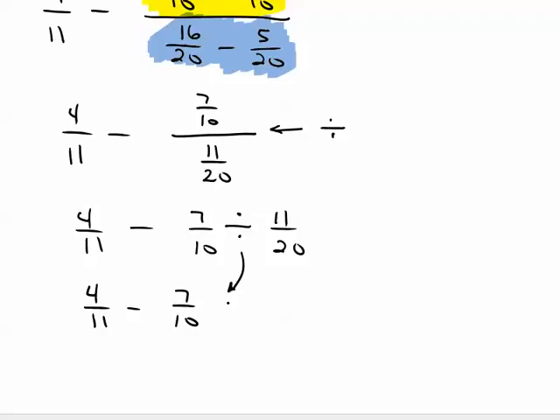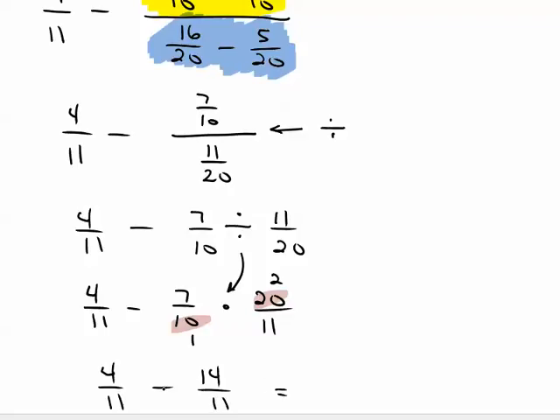We change our division to multiplication and we flip the second fraction. And now we can cross cancel. Looks like we have here the 10 and the 20. 10 divides into 10 once, into 20 twice. So we have 4 elevenths minus, on the top we have 7 times 2, which is 14. On the bottom we have 1 times 11 is 11.